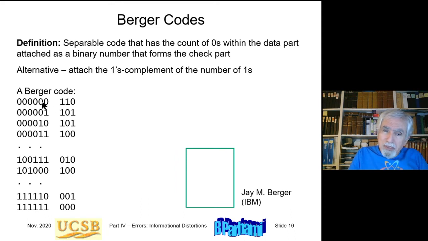So if some zeros in the data part change to ones and some zeros in the check part change to ones, then the count certainly will not match. Whereas if we had counted ones, we could say, all right, here there are 2 ones, so this code will be 010. Then if this one changes to 0 and this one changes to 0, a unidirectional error, it will not be detected. So by attaching the count of zeros, you make the code capable of detecting all unidirectional errors.